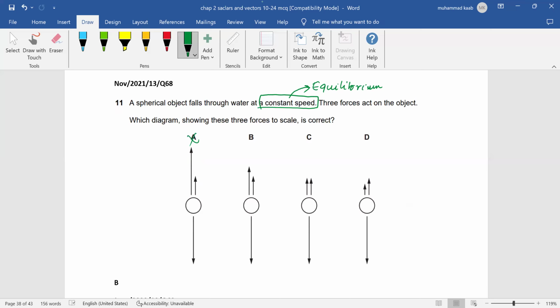If you consider this, just place this on top of this one. It approximately reaches the length of the vector or force acting downwards. So maybe this is correct because the upward forces are balanced with the downward forces. Here the two vectors are of the same size and smaller, so there would be a resultant in the downward direction, and similarly in this case, there would be a resultant in the downward direction. Okay, so B. Clear? Irfan, clear?